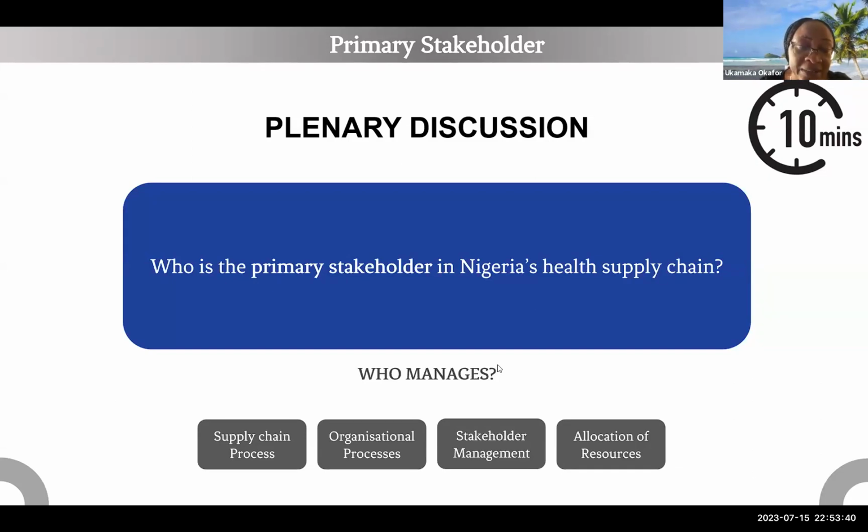So the person that manages the supply chain process is the primary stakeholder for supply chain process. And the person that manages the organizational process is the primary stakeholder for that place. So whoever manages that particular process becomes the primary stakeholder for that particular level. Next, please.